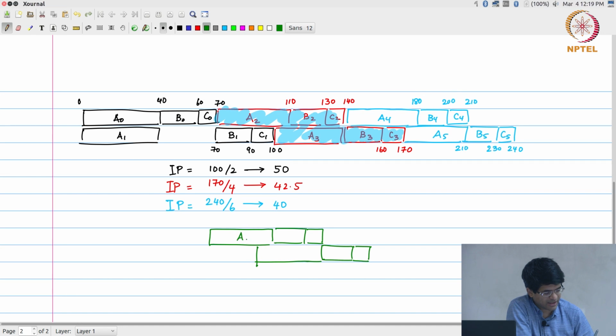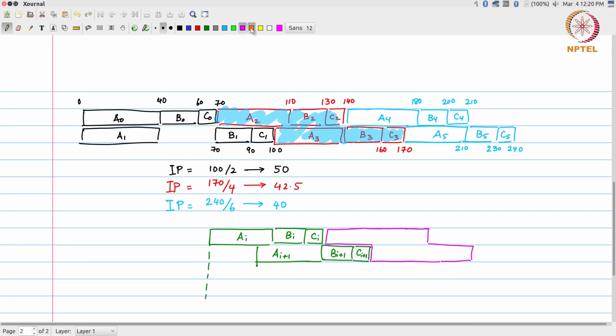so this would be AI, this would be AI plus 1, BI, BI plus 1, CI, CI plus 1, which effectively means that what I have over here is the next such block of this that I can execute would start over here.